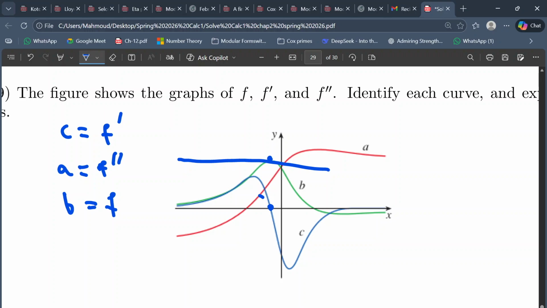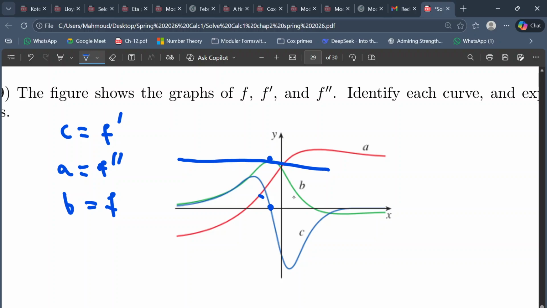Also, now here you can look at the geometric meaning of the derivative, the slope, increasing, decreasing, also the horizontal asymptotes. For example, when graph B has a horizontal asymptote, graph C is 0, right?